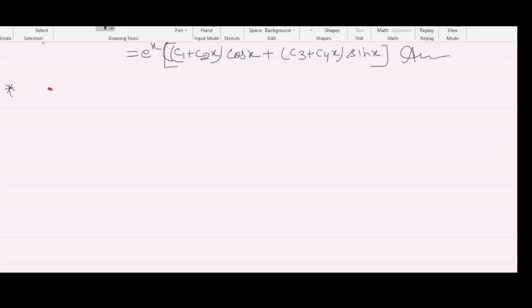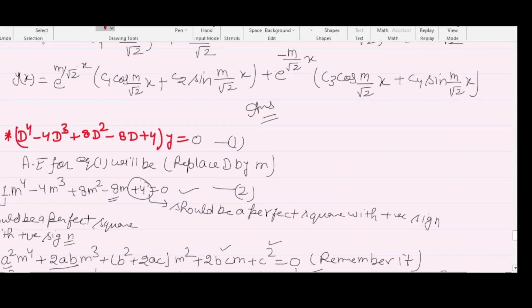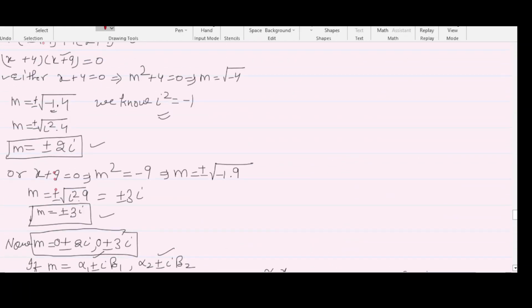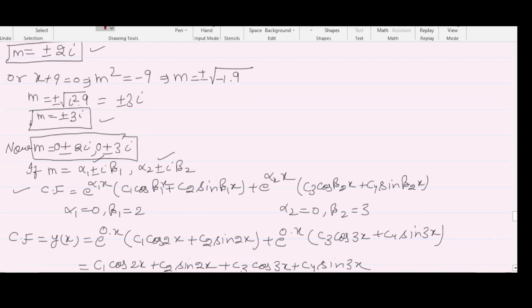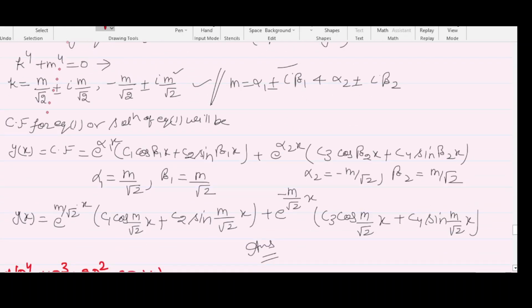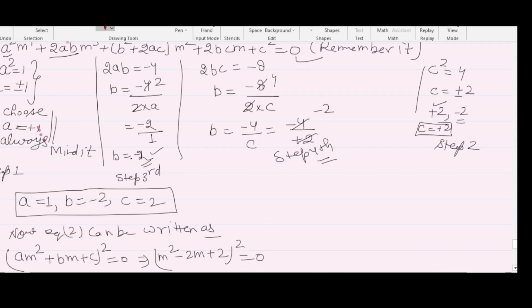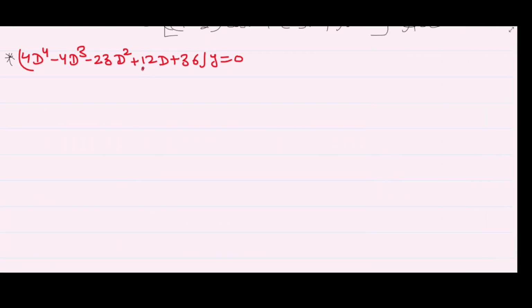Okay, so the next problem is D4 minus 4D cube minus 23D square, so this is our next problem. Okay, now we have to solve this particular problem, right?